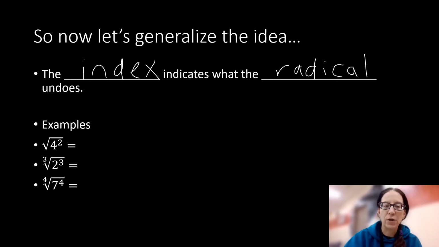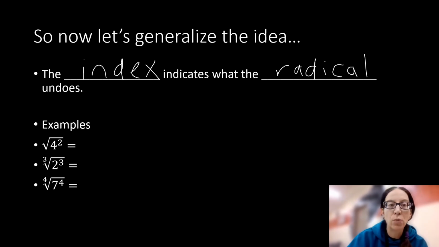So if a square root undoes squaring and a cube root undoes cubing, then if you saw a higher number in there, like a 4, a 5, a 6, a 7, a 10, a 100, that just tells you what it undoes. It undoes raising something to that power. So we have over on the left here a couple of examples. The square root of 4 squared.